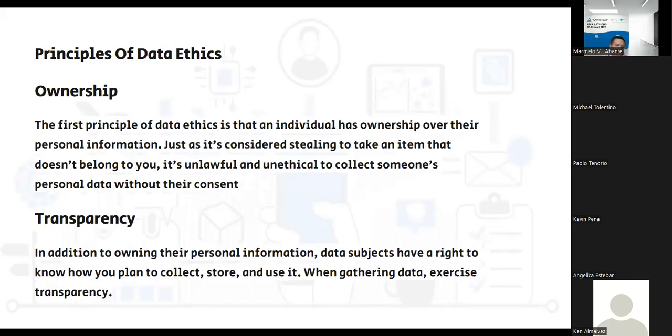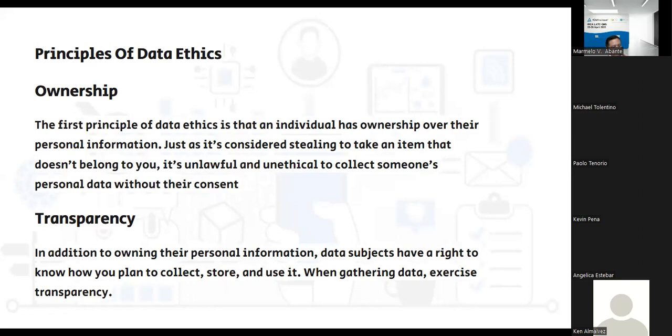First is ownership. The first principle of data ethics is that an individual has ownership over their personal information, just as it's considered stealing to take an item that doesn't belong to you. It's unlawful and unethical to collect someone's personal data without their consent.